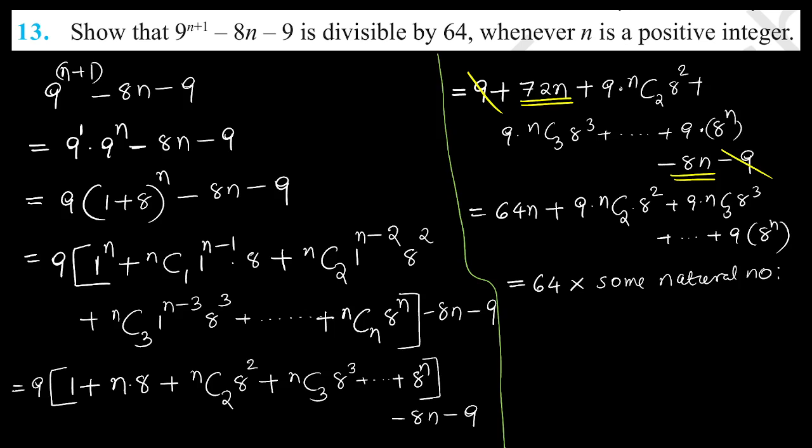So what is my conclusion? My conclusion is that 9 raised to n plus 1 minus 8n minus 9 is a multiple of 64. Hence 9 raised to n plus 1 minus 8n minus 9 is divisible by 64.